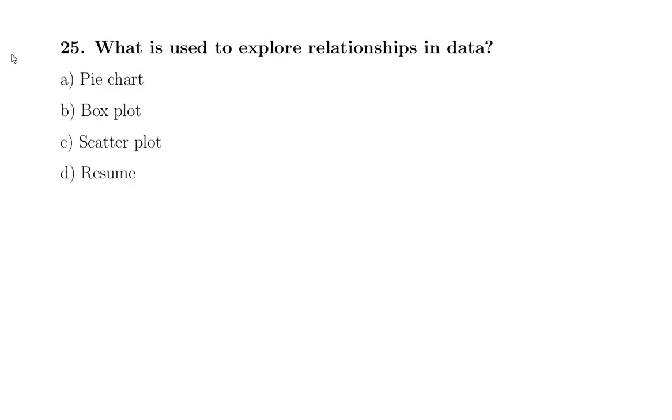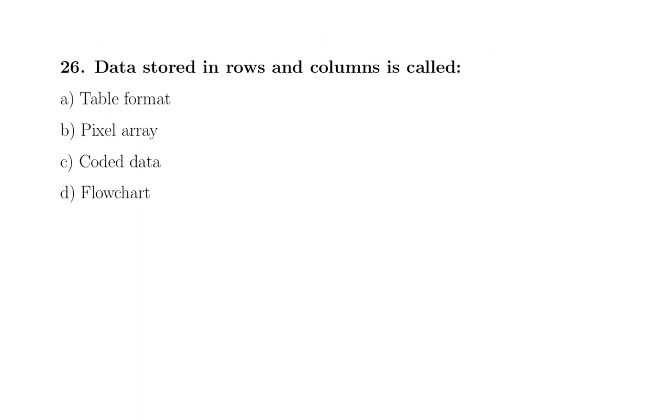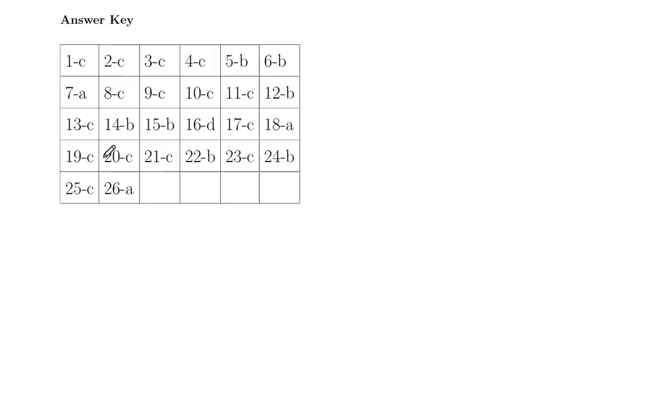Pie chart, box plot, scatter plot, resume. The correct option is scatter plot. That is option C. Data stored in rows and columns is called table format, pixel array, coded data, or flowchart. The correct option is table format, because data is stored in rows and columns.